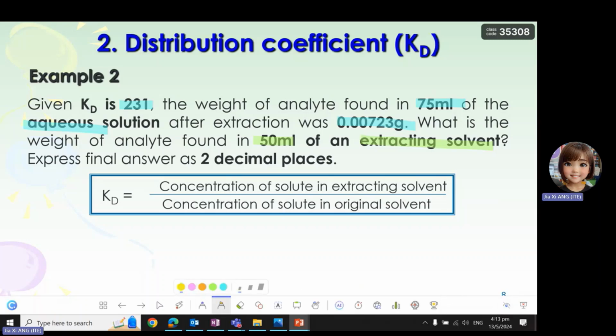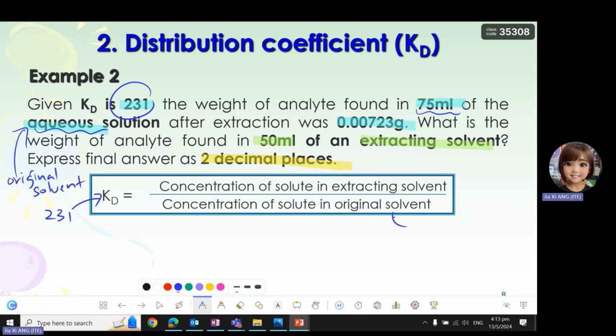And you are supposed to present your answer in 2 decimal places. Let's try to annotate the question. Now you are given Kd 231, so you can substitute 231 in the Kd. And they told you 75 ml of aqueous solution. Now aqueous solution is also known as the original solvent.